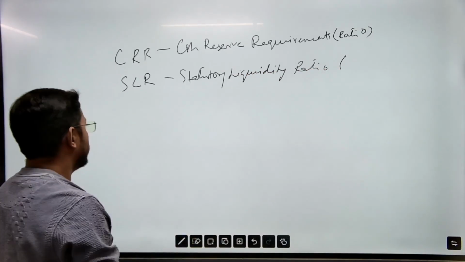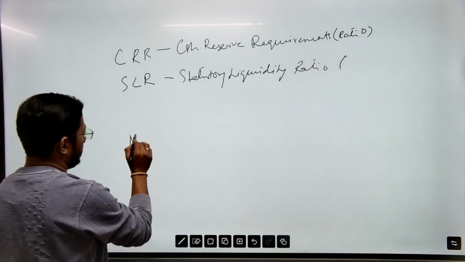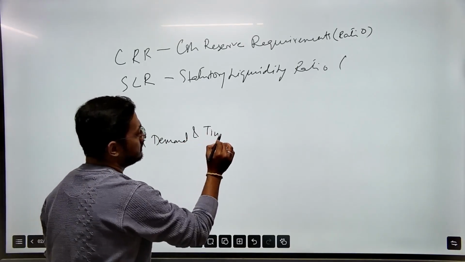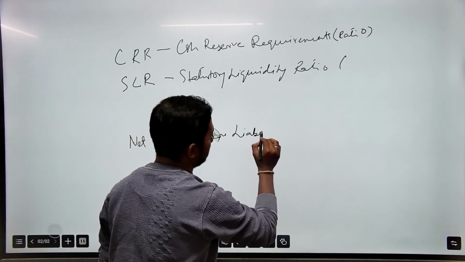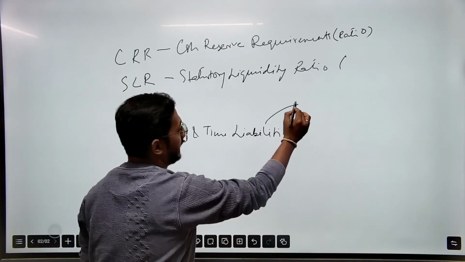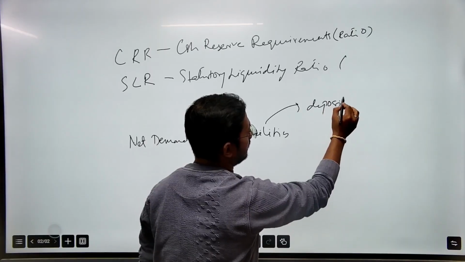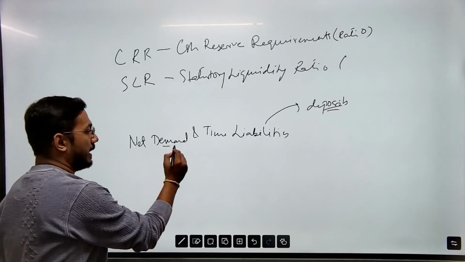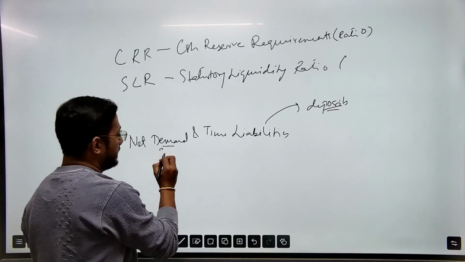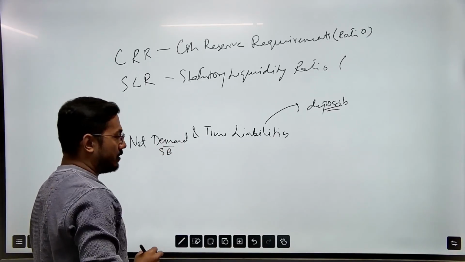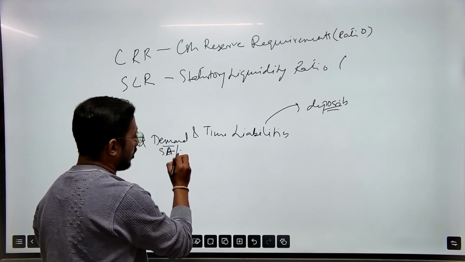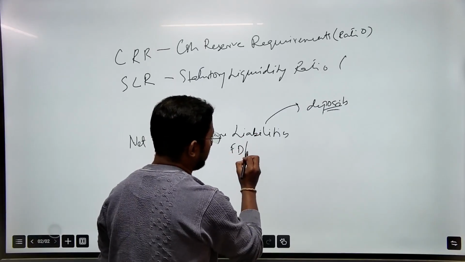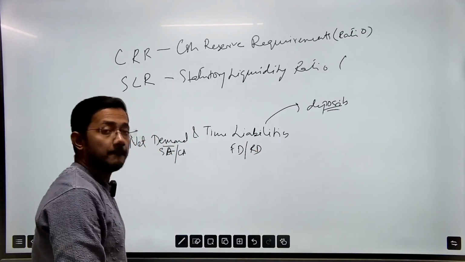Now, net demand and time liabilities of a commercial bank. Here, liabilities are nothing but the deposits of its customers. Demand liabilities or demand deposits are what? The savings account money or the current account money. Time liabilities or time deposits are fixed deposit account or recurring deposit account money.